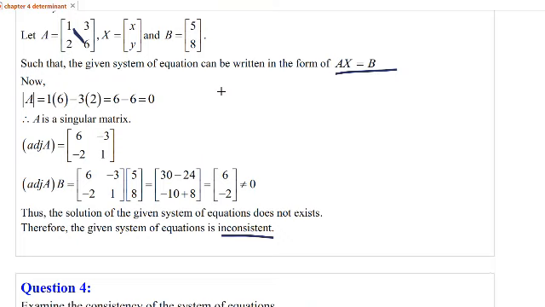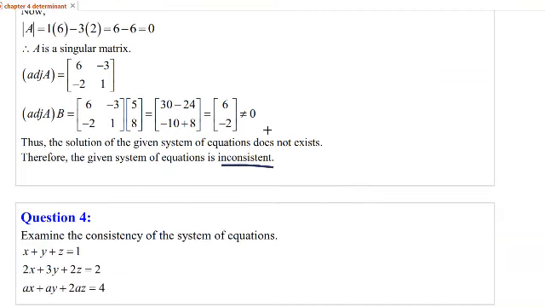That is out of the scope of this book, but I'm repeating myself: if determinant A is 0 and adjoint A into B is a 0 matrix, the system is consistent and has infinite solutions, that is, the lines are coincident. I hope you got my point.